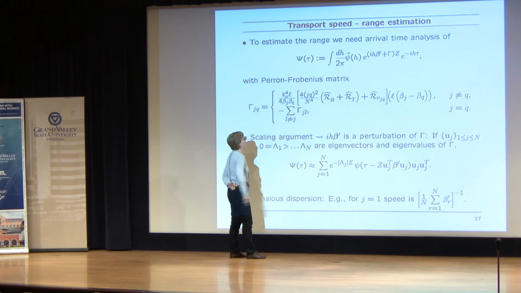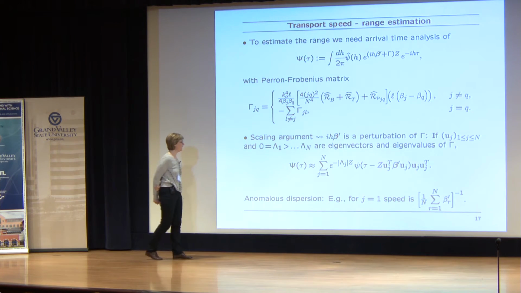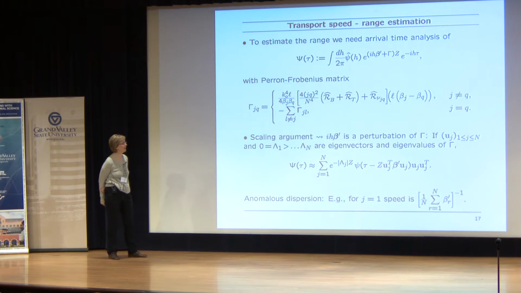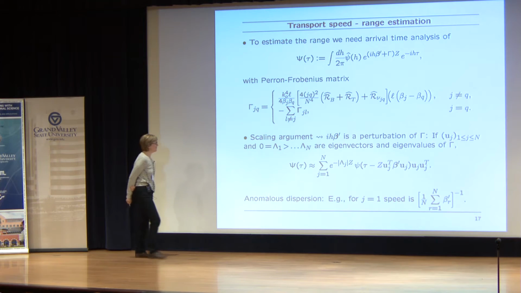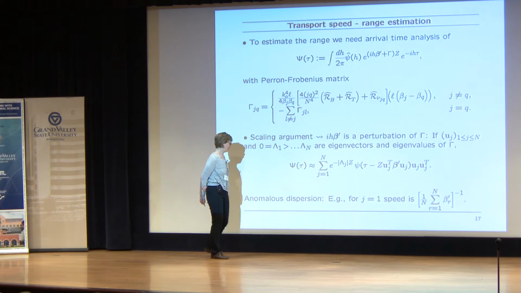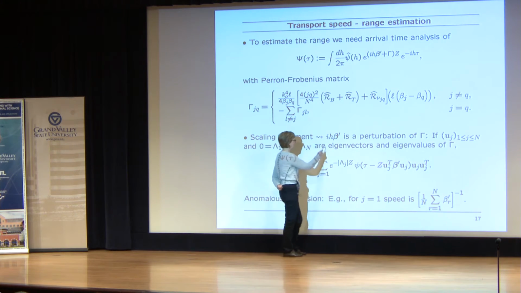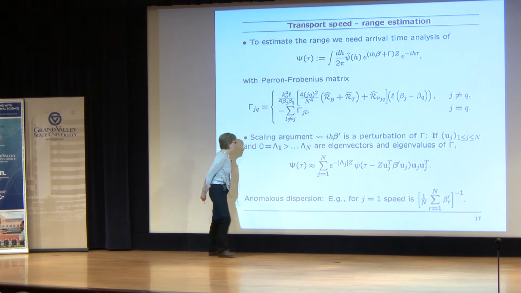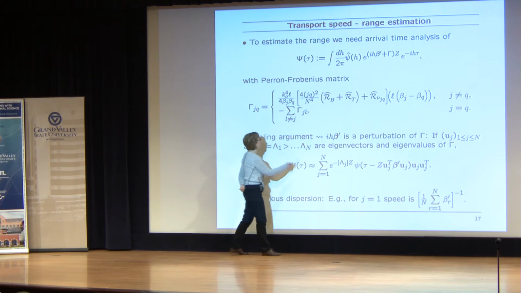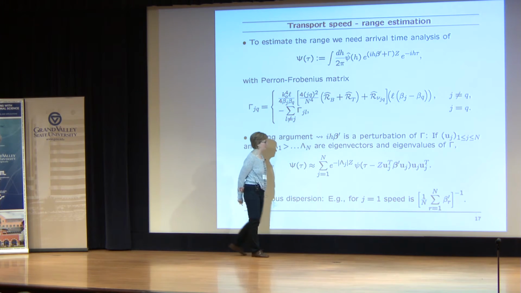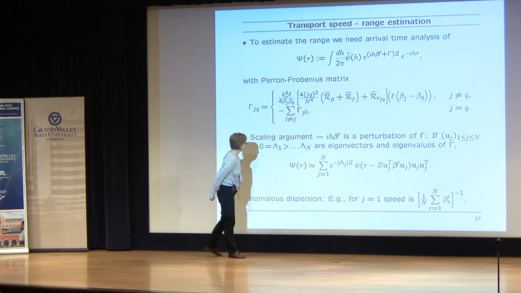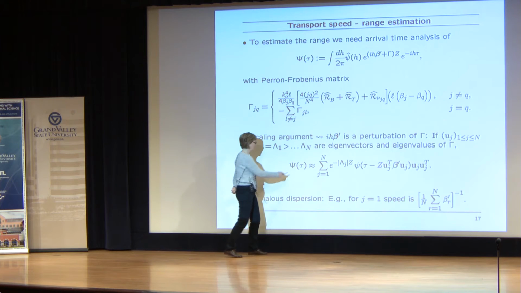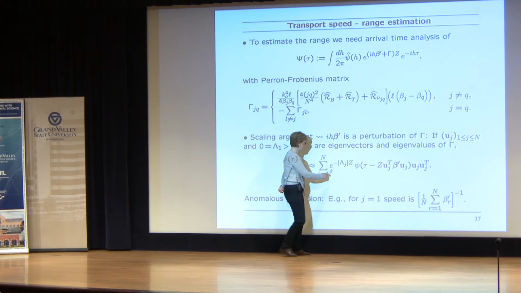Okay, so the propagation now is no longer at the deterministic speeds because of this matrix gamma. Of course, the matrix gamma and beta don't commute. And so, in fact, you can actually do an arrival time analysis. This is, again, a scaling argument. So you can show that this guy here is a perturbation of this matrix gamma. And that means that you can actually calculate what this integral is using regular perturbation theory. And it says that what you see here is a superposition of terms which decay with z, right?